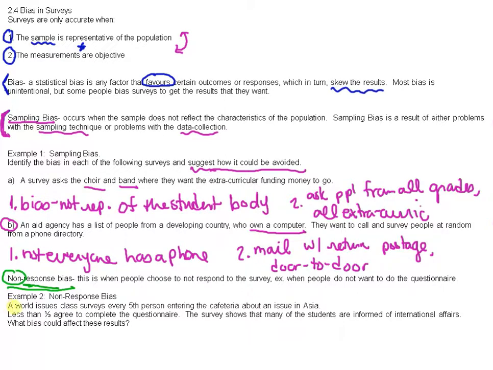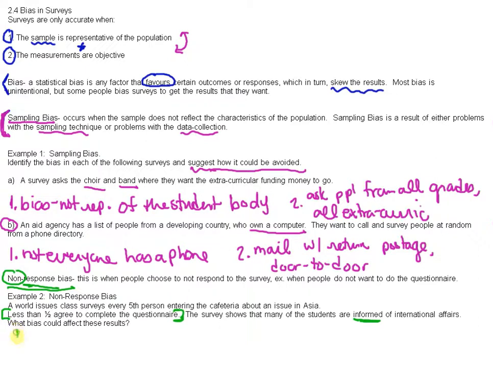As an example, a world issues class surveys every fifth person entering the cafeteria about an issue in Asia. Less than half agreed to complete the questionnaire. This is huge. Less than half agree to complete the questionnaire, so people are not completing it. And the survey shows that students are informed about international affairs. Here's the issue.